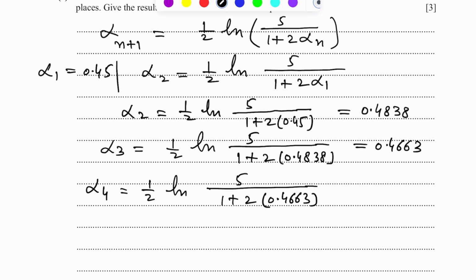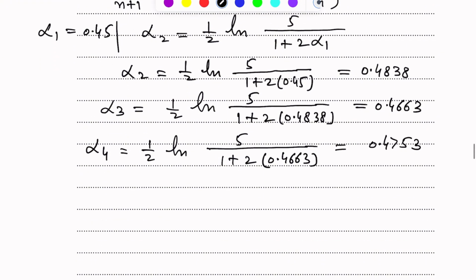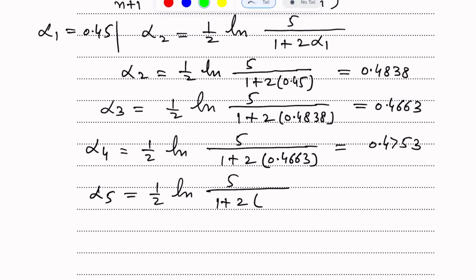We get 0.4753. Next is alpha 5: 1 over 2 log 5 over 1 plus 2 into alpha 4. Alpha 4 is 0.4753. We get 0.4707.